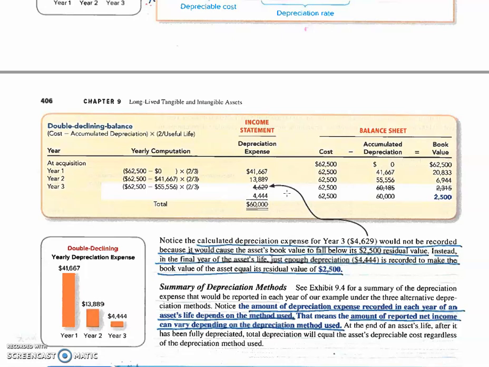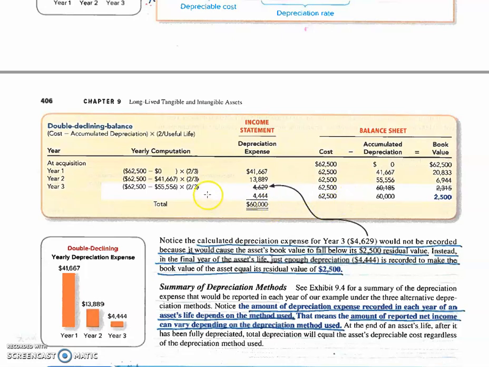The next year, we take 2/3 of the net book value at the beginning of that year. There's 1/3 of that net book value left. The next year, we take 2/3 and there's 1/3 left. Now, that is a very small portion, but you're always going to leave that 1/3 behind.